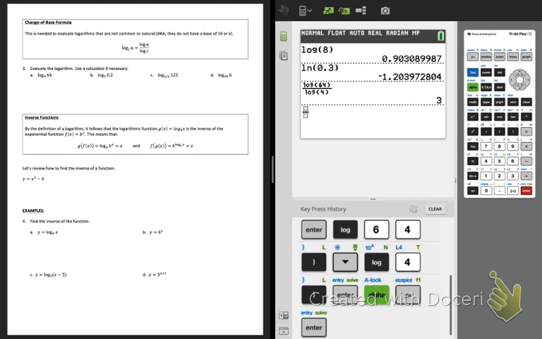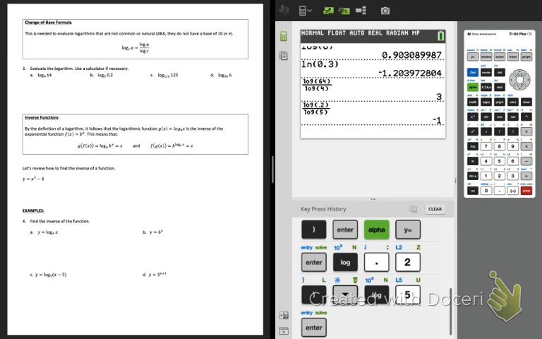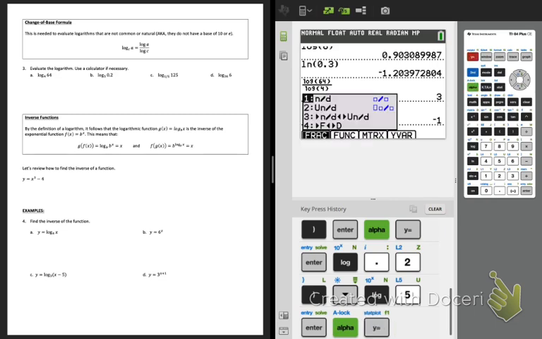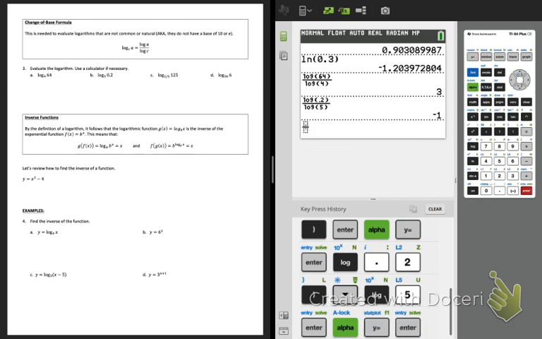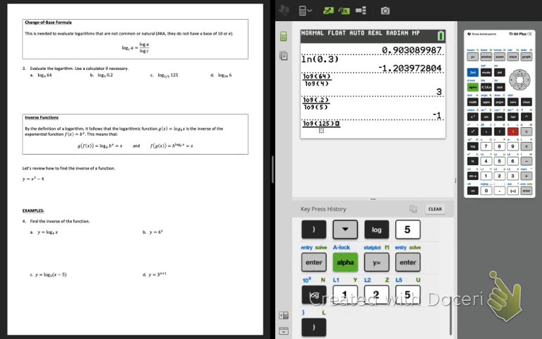So we're going to take log of 0.2 divided by log of 5. And that gets me an answer of -1. I'll copy that down here in a second. For C, same deal. I'm taking log of 125 divided by log of 1/5.